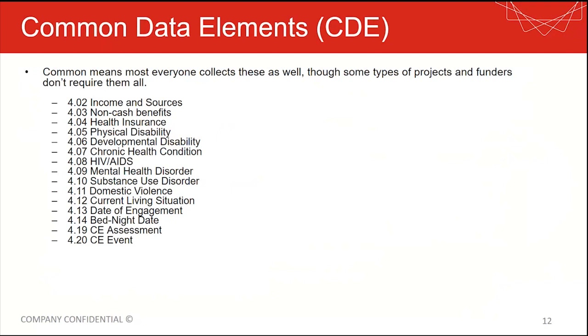This element helps communities to understand and monitor the assessment process in more detail as it relates to participants' outcomes. Lastly is coordinated entry event, designed to capture access and referral events as well as the results of those events. It will help communities understand the events that go into achieving desired and undesired results through the coordinated entry system.